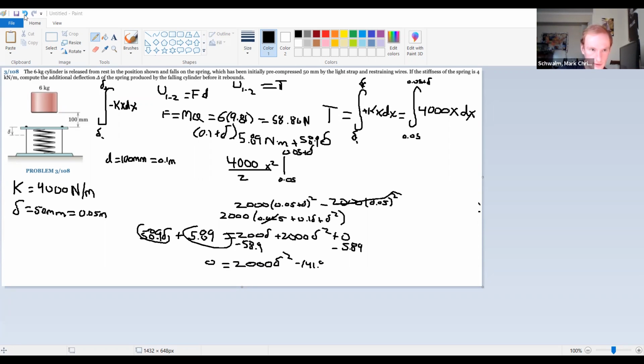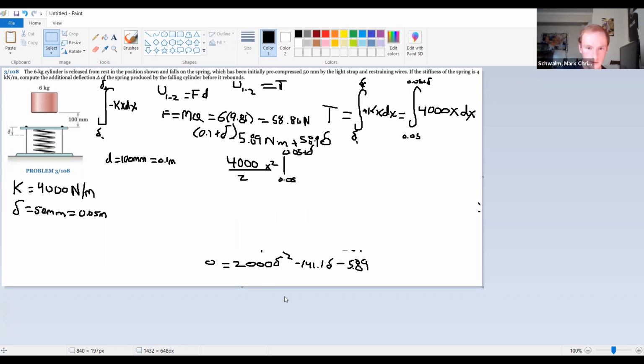Yeah, I'm going to go ahead and just do that. Function minus this 5.89. All right, so now we got this in quadratic form. So now we're just going to get rid of this messy little work here. Move this up a little bit.